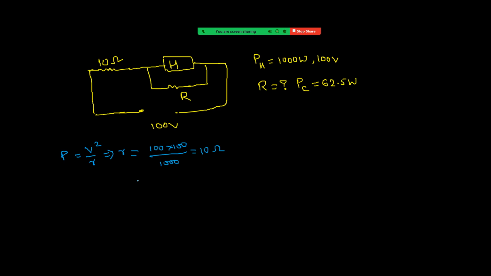Right. Next. Let us see power consumption is 62.5. So for 62.5, the corresponding operating voltage we have to calculate now. So take it as V dash. So P equal to V dash square by R. R value it is 10, right? So across this combination, potential difference I'm taking as V dash.